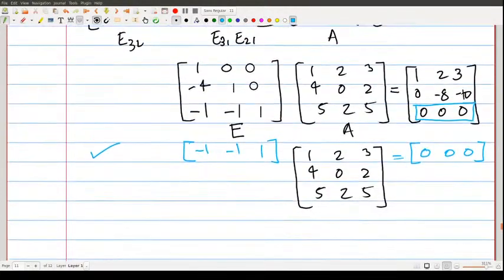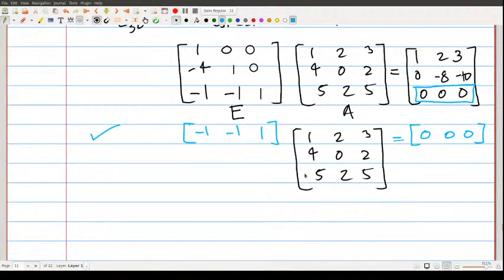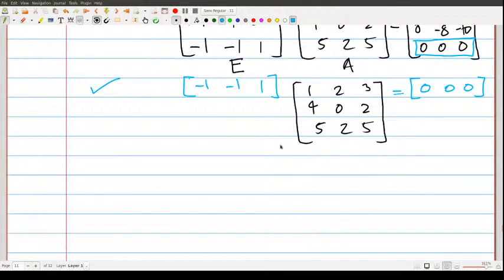And that should work. This minus 1, minus 1, 1, when you multiply it with this, gives you the 0 row. So I can even check that this is the solution to the null space of A transpose, right? So my claim is that A transpose times this vector, if I transpose this now, will give me the 0 vector.